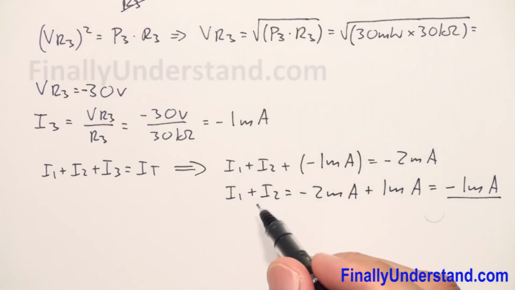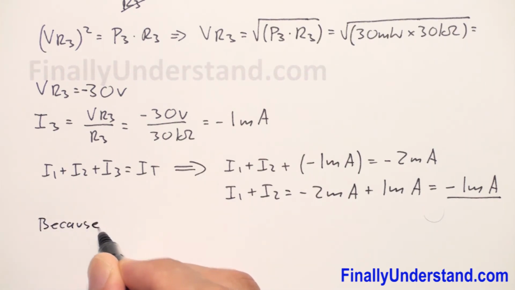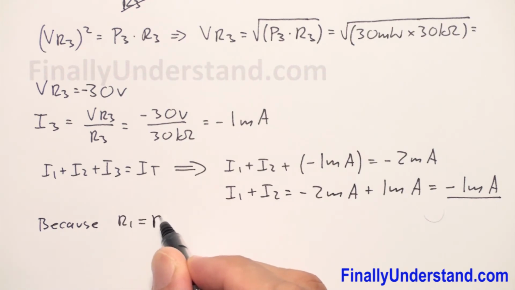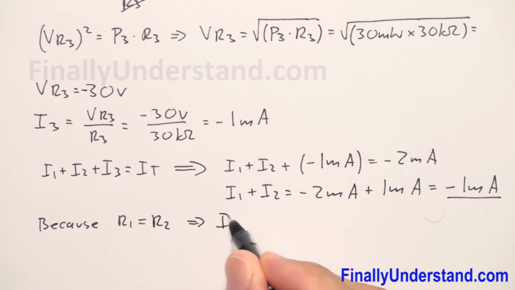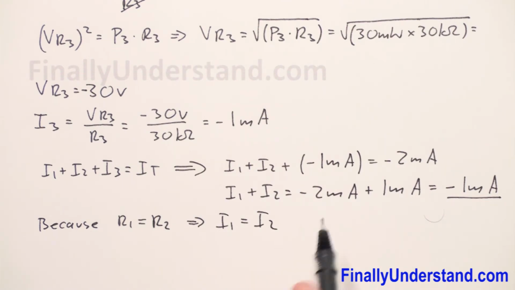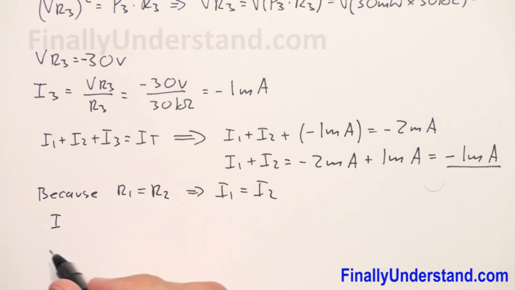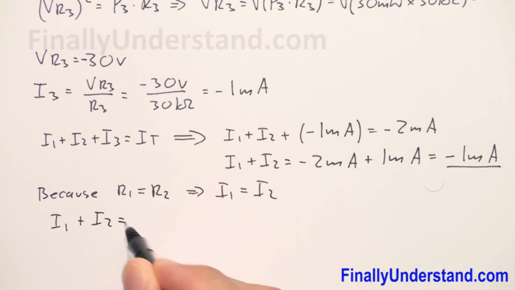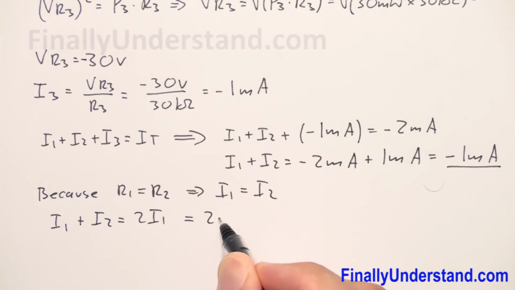Let me just write this down. Because R1 is equal to R2, it means that I1 is equal to I2. So I'm going to write down that I1 plus I2 is equal to 2 times I1, or we can say this is equal to 2 times I2.